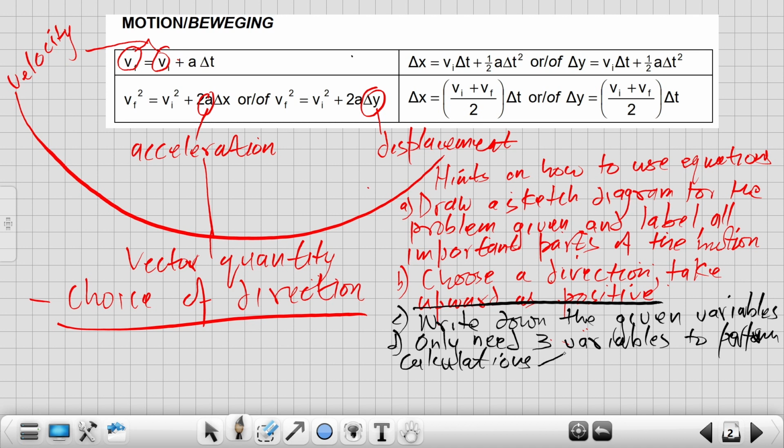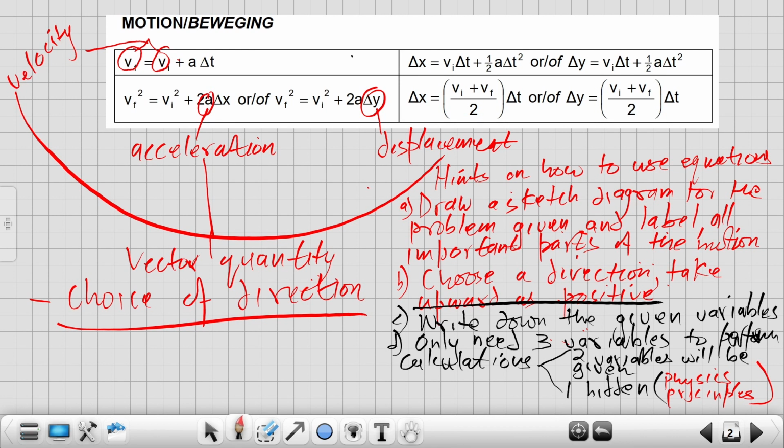So let me break it down. 2 variables will always be given, and it will be easy to pick them up. And then there's one that is hidden. This hidden one is the one that wants us to apply physics principles, so we are going to apply physics principles to get the final one.